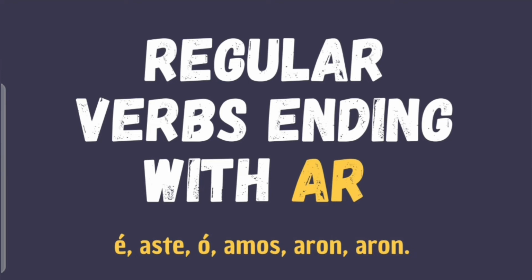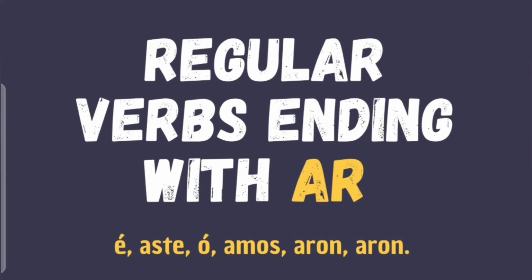If you're talking about the personal pronoun yo, I, then your verb in the indefinite past, if it's a regular verb ending with -ar, has to end with é, with an accented letter e.